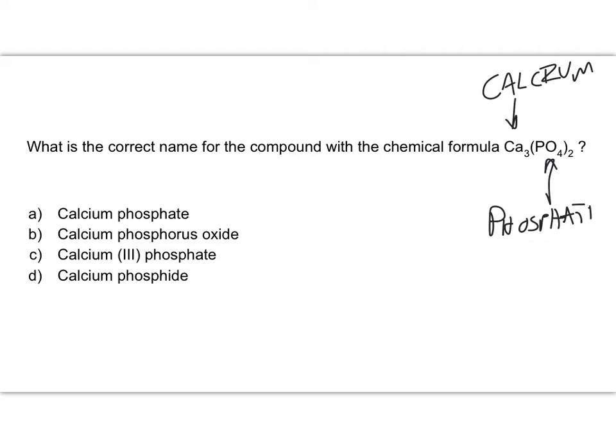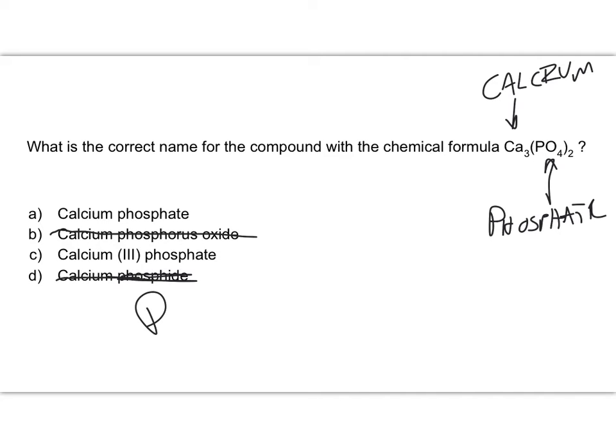Whenever you have a polyatomic ion, you do not change the ending or the name in any way. So with elements, we would change, for example, chlorine to chloride. But with polyatomic ions like phosphate, we don't mess with the name. So it's not phosphorus oxide, so we can eliminate that, and it's not phosphide. Phosphide is actually what we call phosphorus by itself when it's in an ionic compound.